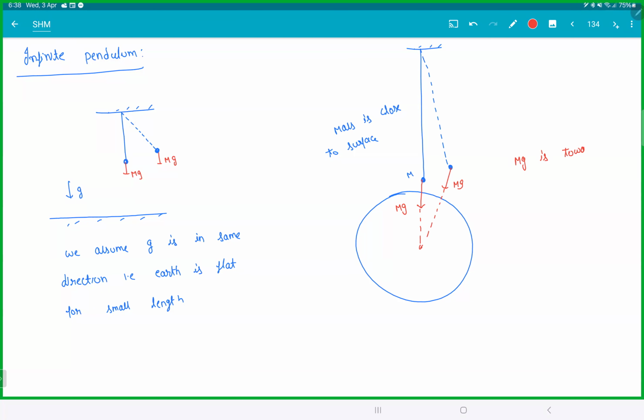Even in the first case, it is the same thing. It's toward the center, but we ignore it because the length is too small. It really won't matter. So this creates some issues actually. Are you getting the difference between a long pendulum? So this is a long pendulum, that is, length L is comparable to the radius of the Earth.